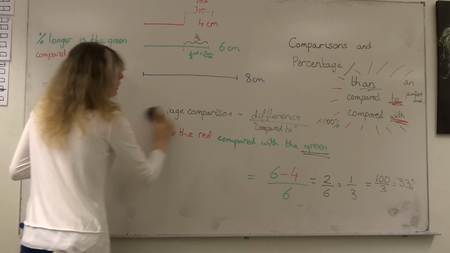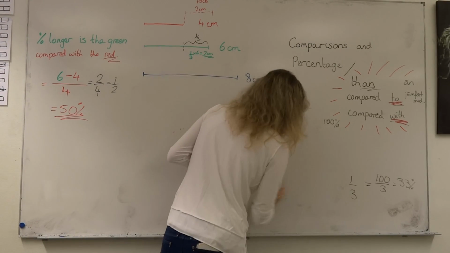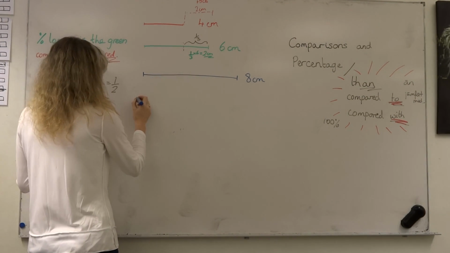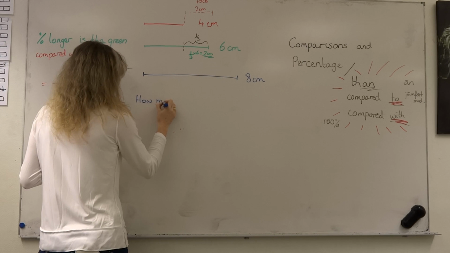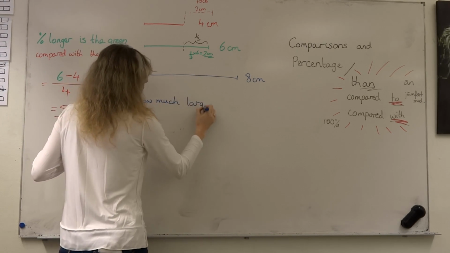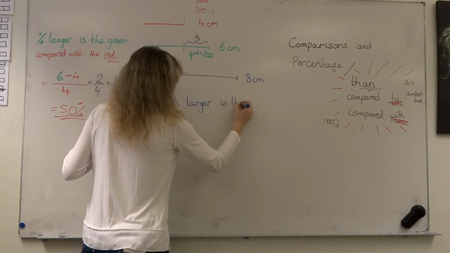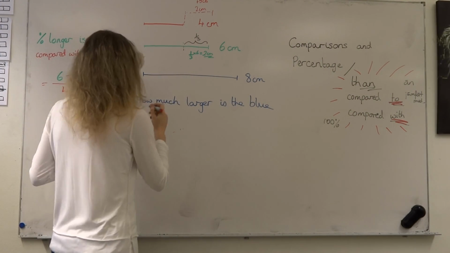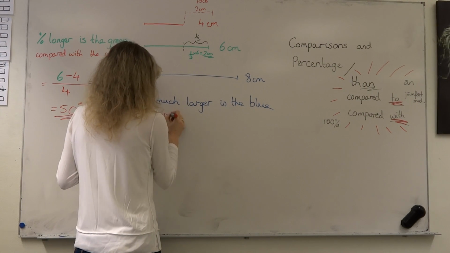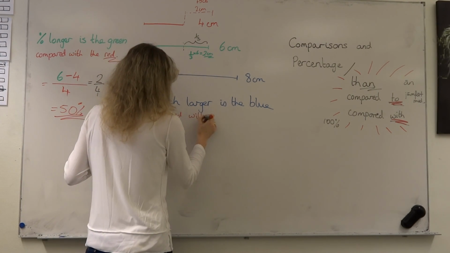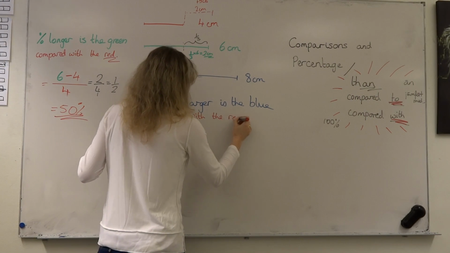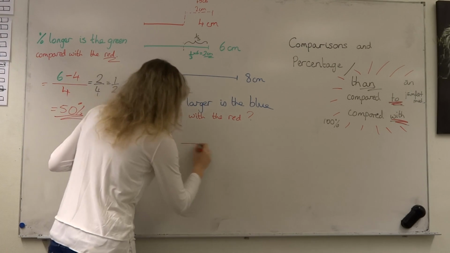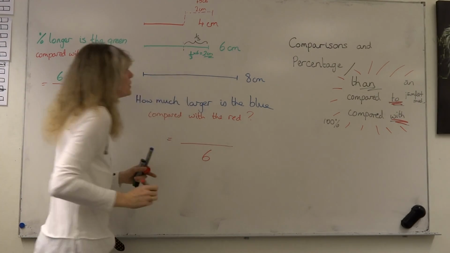So let's take another example then. Let's compare the blue one with the red one. Let's say, how much larger is the blue compared with the red? Compared with means the first thing I'm going to do with my formula is put the comparison one on the bottom.